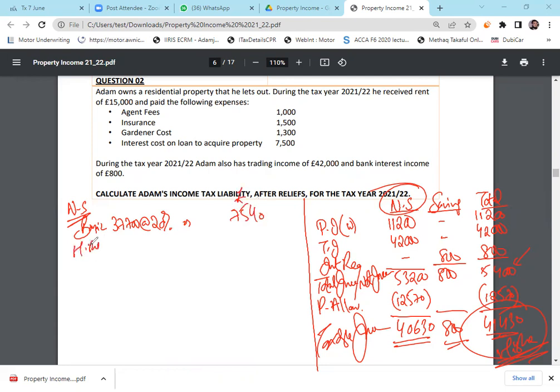And in higher, how much will go? 3,730. Again, check, we are focusing on non-savings only. 2,930. Okay, 2,930 at 40%, how much? 1,172. Okay. Savings. In savings, our non-savings is higher.